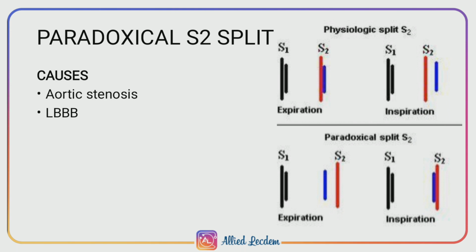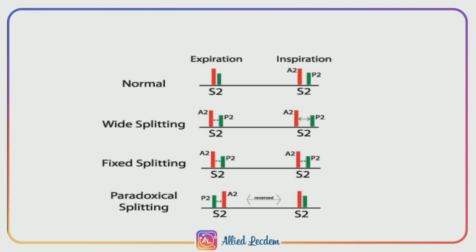But in paradoxical splitting, there is a delay in aortic closure, so the pulmonary valve closes first during expiration. During inspiration, the pulmonary valve closure and the aortic closure delay superimpose on each other and the normal lub-dub sound is produced. So, this change is called the mirror change of physiological split S2.